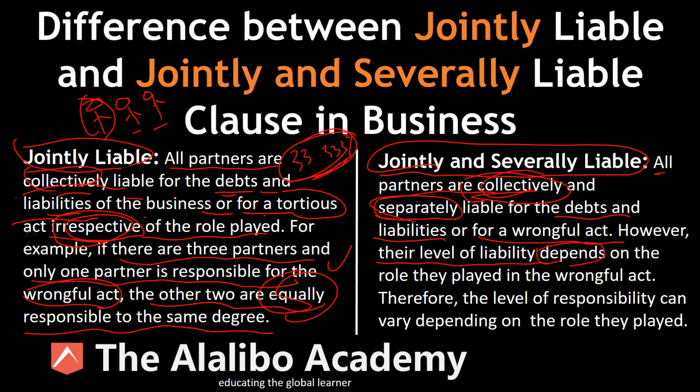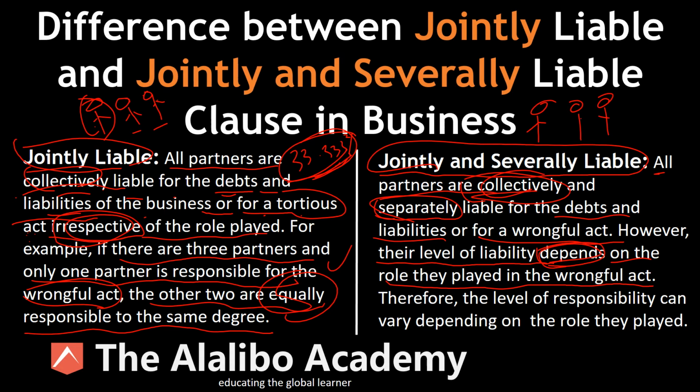Now, what does that mean? It means that their level of liability depends, and again, another keyword, depends on the role they played in the wrongful act. So their level of liability is dependent on their level of negligence, on the role they played, on their contribution to the wrongful act.